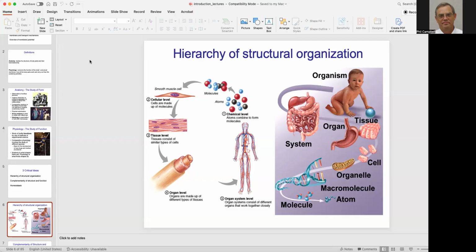So in this class, you need to become familiar and be able to go back and forth, not only from, say, the smallest functional living unit, a cell, but from a cell to a tissue, to an organ system, then how these organ systems integrate to make you, you, and then go back the other way.